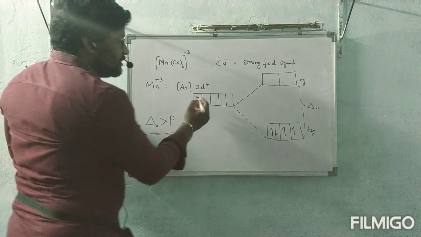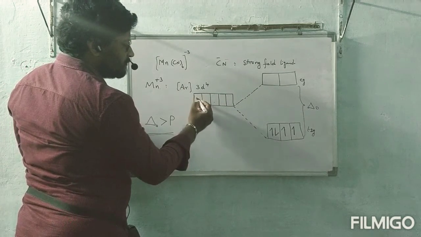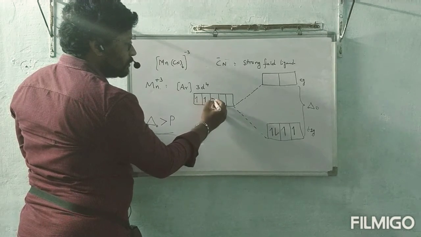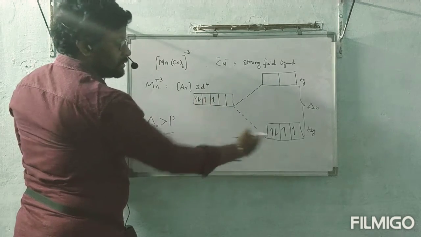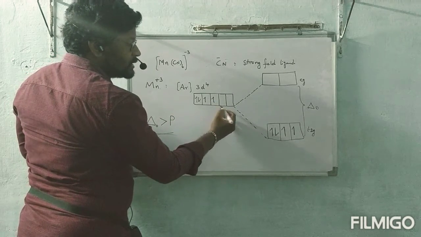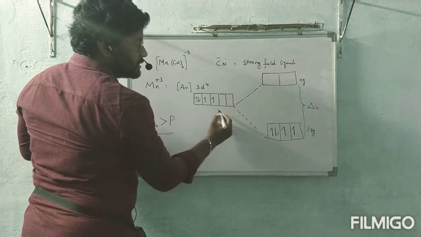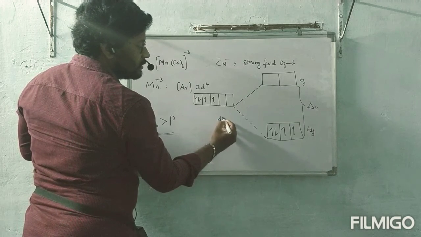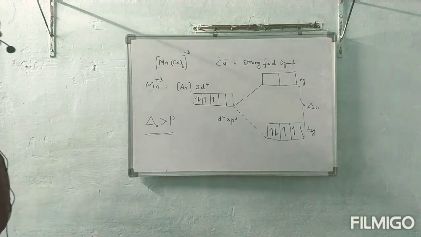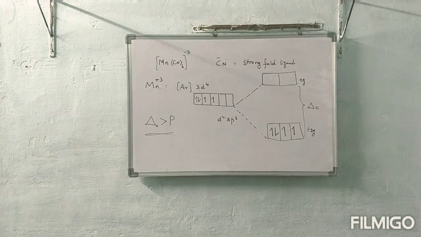That's why we wrote the configuration of 3d4 in MnCN6 minus 3 as 1, 2, 3, 4. Two orbitals are vacant. Then these two orbitals, the s orbital and the p orbitals will undergo which hybridization? d2sp3.